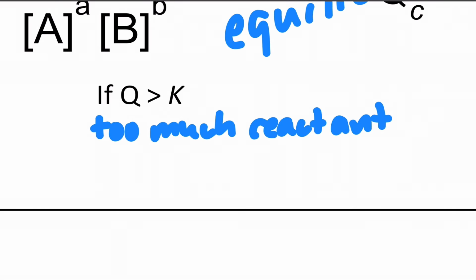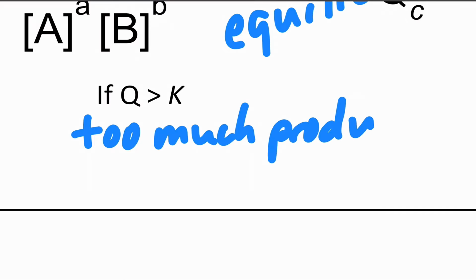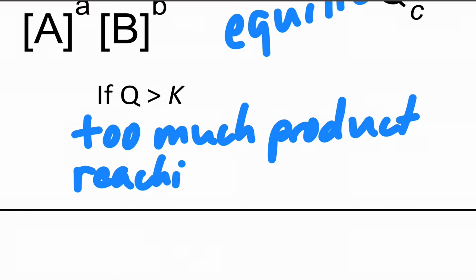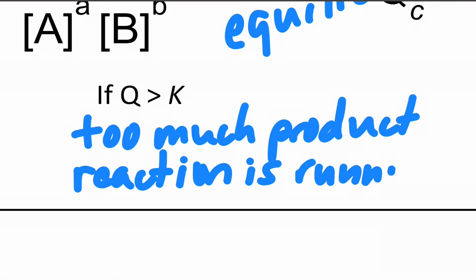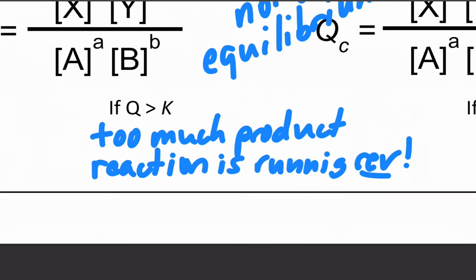Oh, wait, sorry, I got that backwards. If Q is greater than K, that actually means there's too much product. And therefore, the reaction is running in the reverse as it tends toward equilibrium.